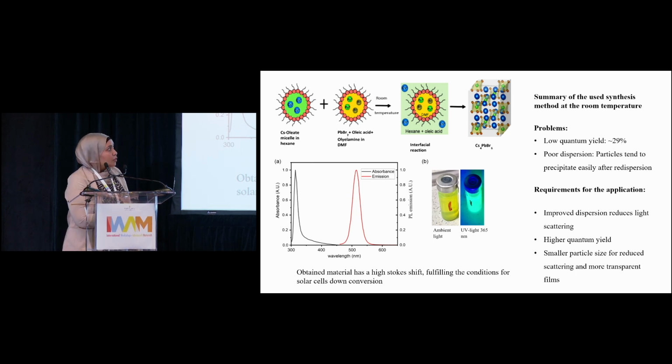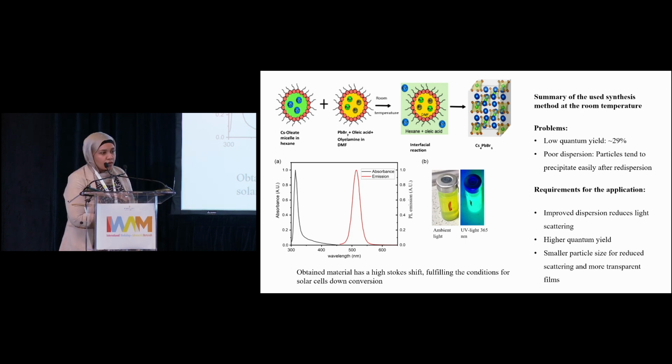Like, for example, we had a very low quantum yield and poor dispersion of the particles, and for the requirement of our application, we need higher quantum yield, and the particles should be well dispersed in the solution, and we also need a small particle size so it wouldn't scatter the light.